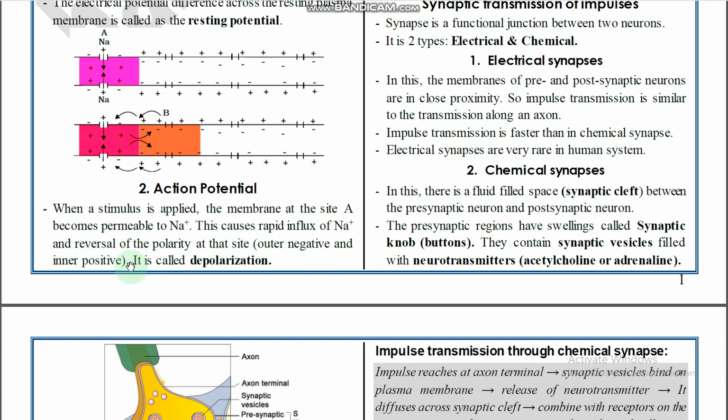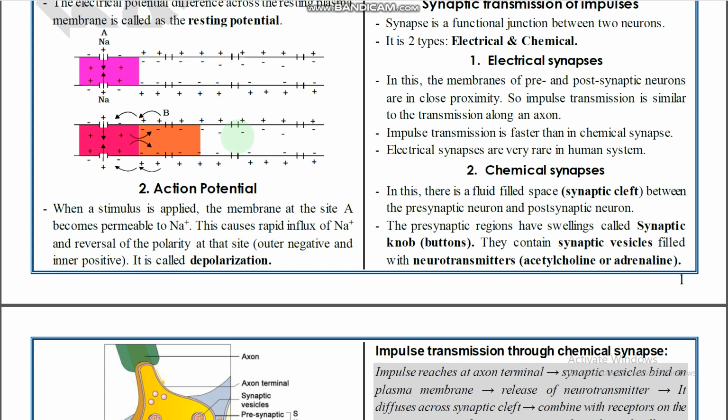So outer negative and inner positive is called depolarization. Here, whenever the sodium ion channels open, more sodium enters inside, so the voltage difference changes.